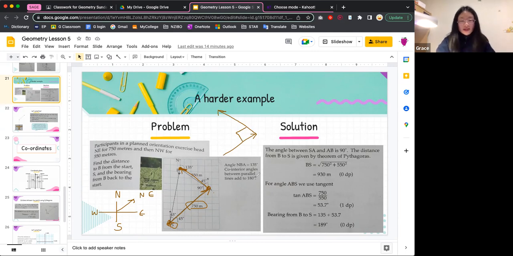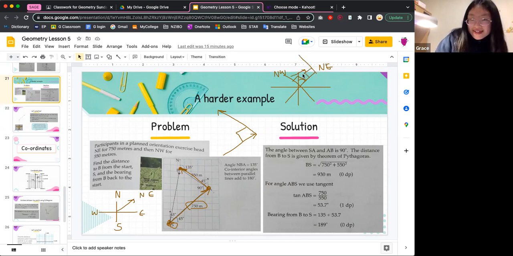The reason that works is because if you look at our compass, northeast is here, northwest is here, and they are 90 degrees apart, right? So this thing right here is 90. If you move the northwest line across there, you still get 90. That was a bad attempt at explaining, but hope you guys get it.